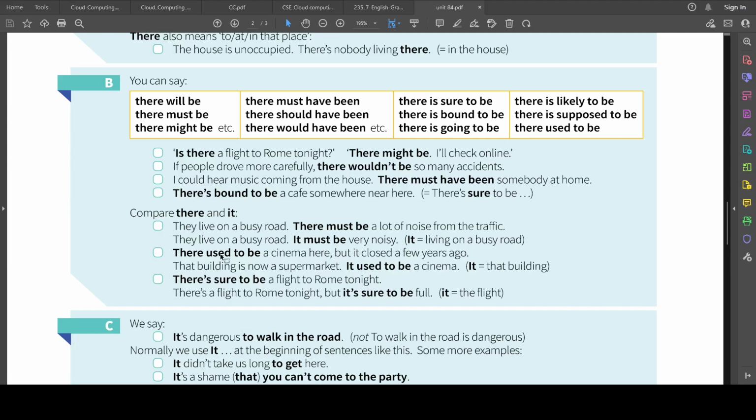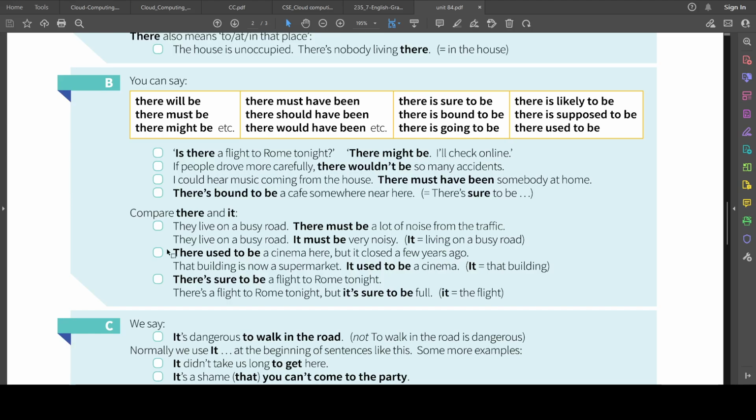There used to be a cinema here, but it closed a few years ago. That building is now a supermarket. It used to be a cinema. So, check it out. There used to be. We are talking about that in the past, it used to exist, a cinema here, but it closed a few years ago.